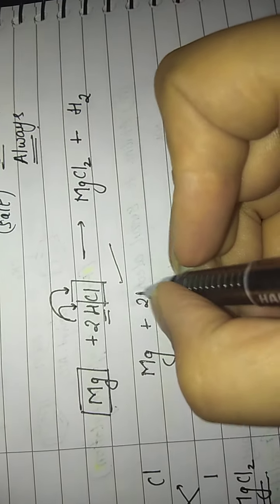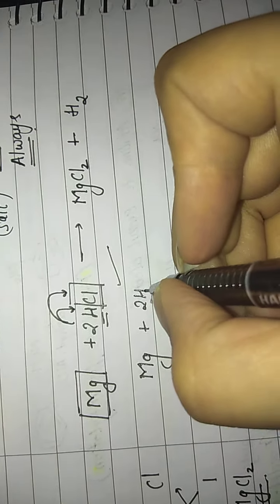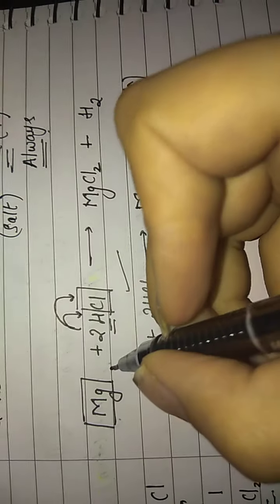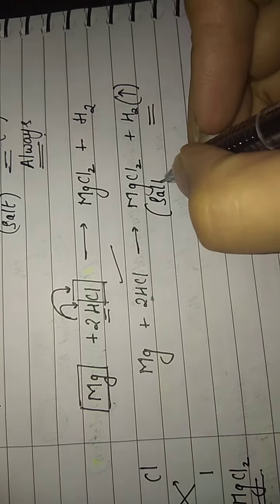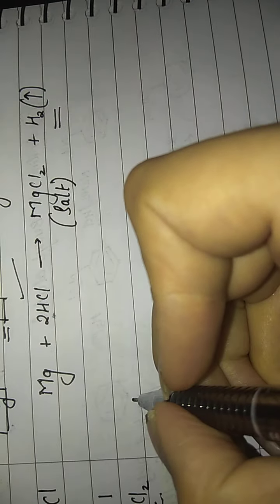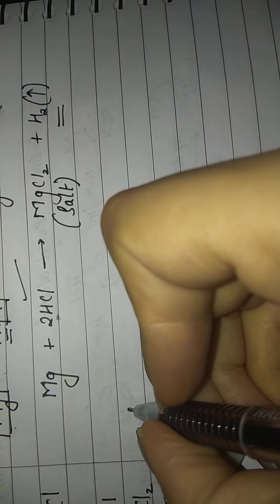Mg plus 2HCl will give me MgCl2 plus H2, which is a gas. As I said, in the reaction of metals with acids, H2 will be liberated, and along with that you will get a salt.